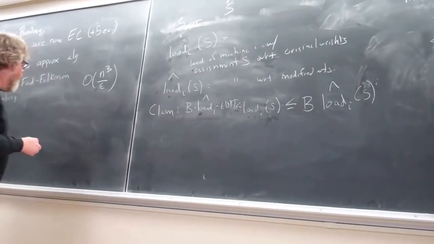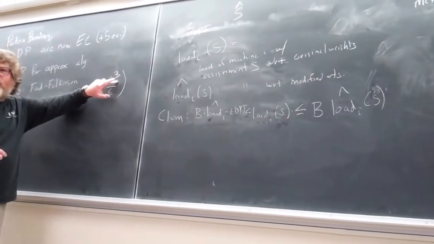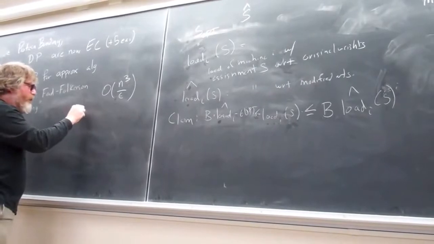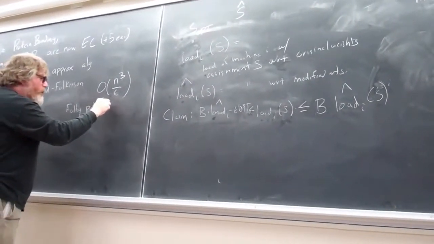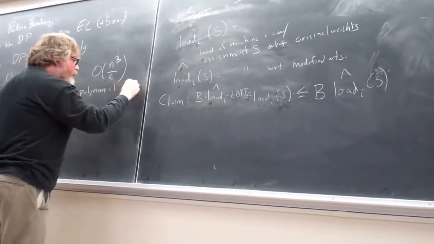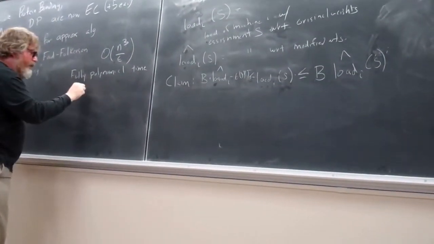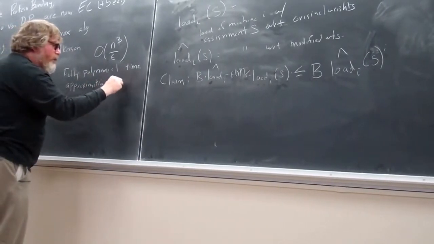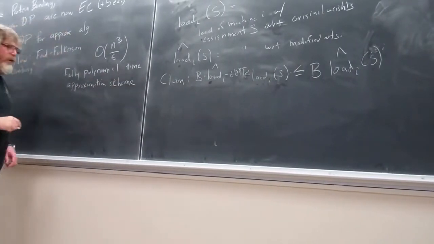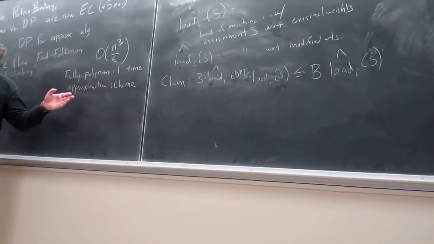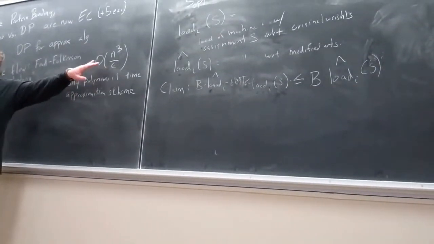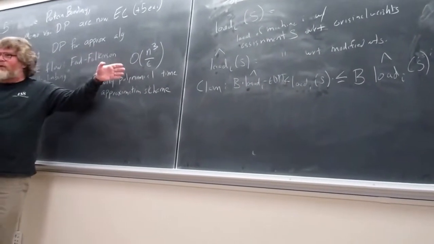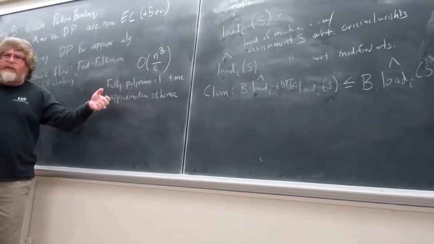So this kind of trade-off between time and accuracy is called a fully polynomial time approximation scheme. Polynomial time approximation scheme means that for any fixed epsilon, there's a polynomial time algorithm that approximates within that epsilon.